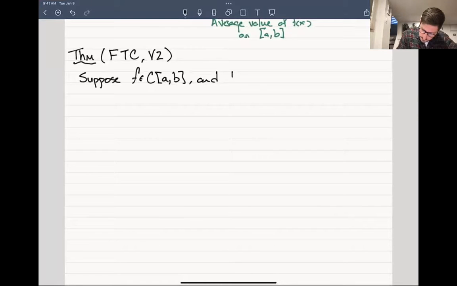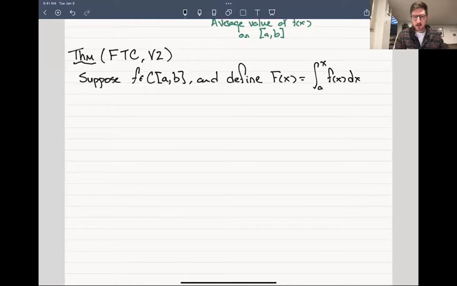And let's define, so in this case, we don't have an antiderivative. We are actually going to define an antiderivative. So let's define some capital F of x equal to an integral where the upper bound depends on x. Sorry, this should be f of t because I'm already using x.